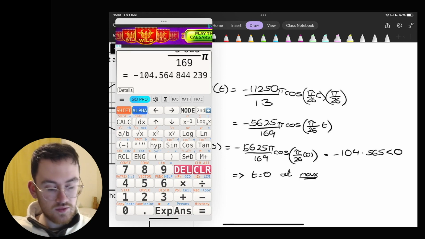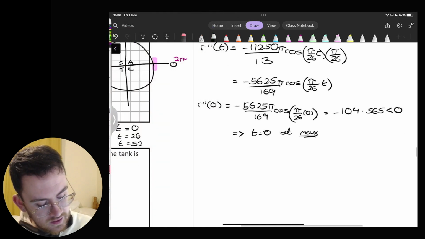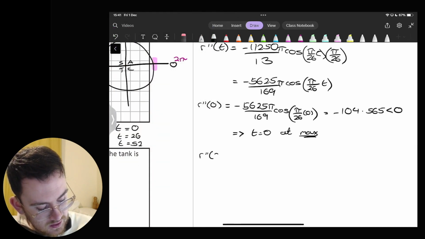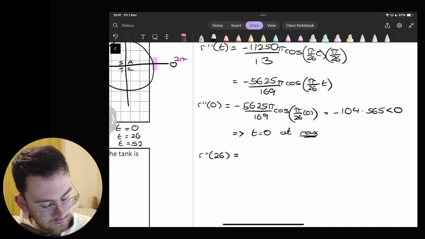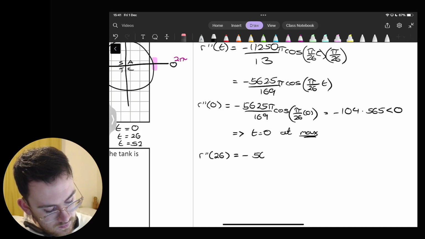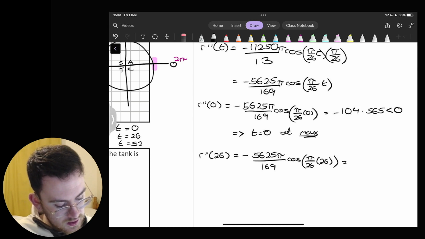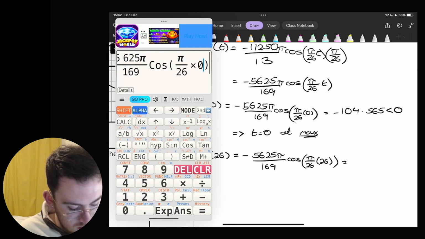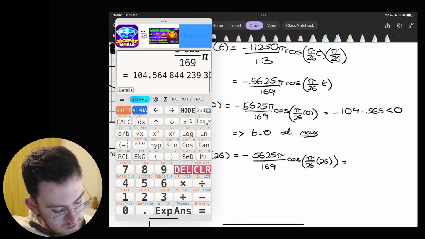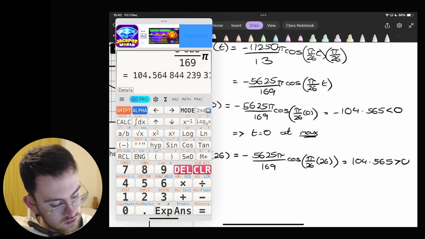So that's out of the running. Okay, looking then at, if we evaluate it at 26, minus 5625 pi over 169 cos pi over 26 times 26. Evaluating that again, but changing this to a 26, gives me a value of 104.565, which of course is greater than 0.